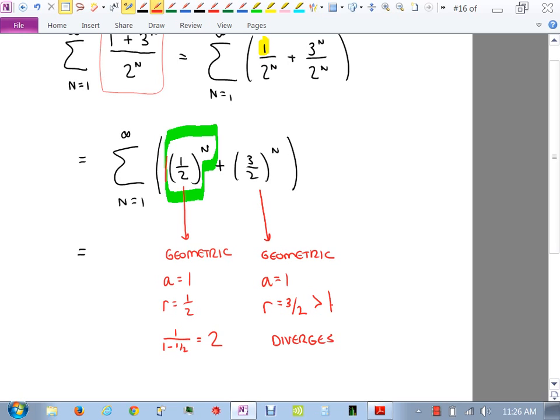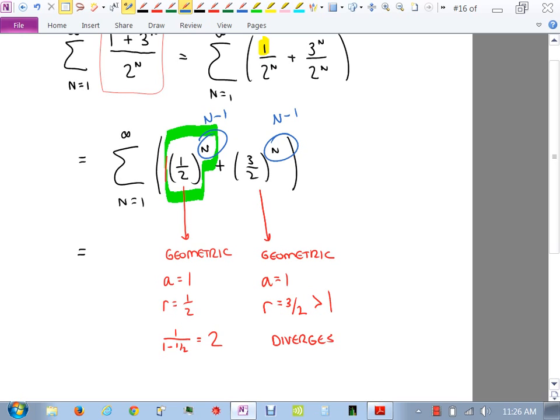Now we do have a couple of little technicalities that I didn't really consider here. What's wrong with me saying geometric right off the bat? It's not in the form n minus 1, is it? Remember up here, these had to be n minus 1s, right?